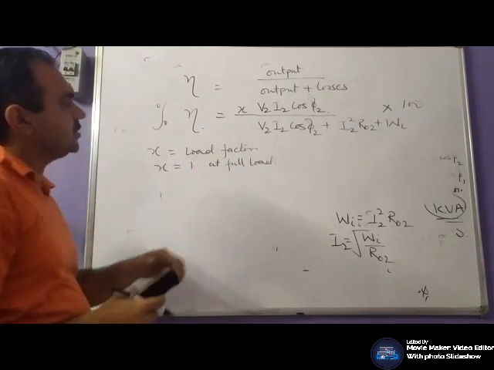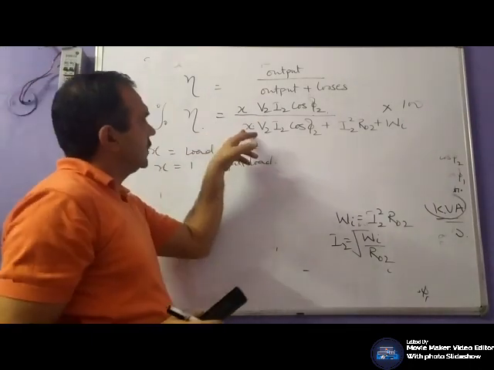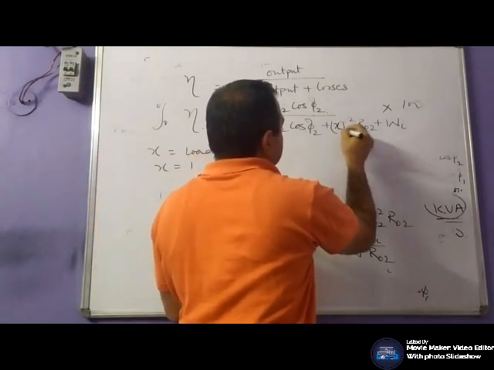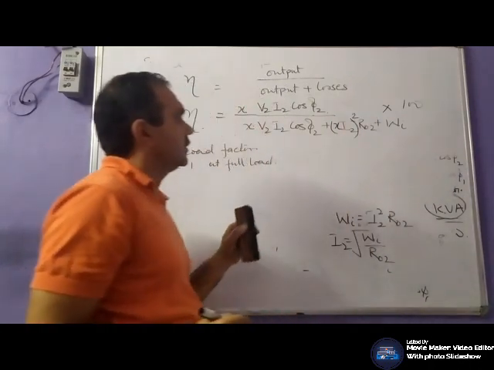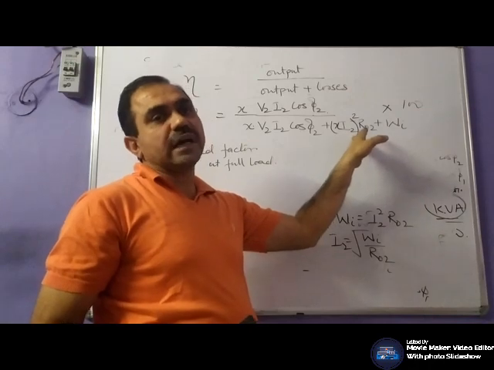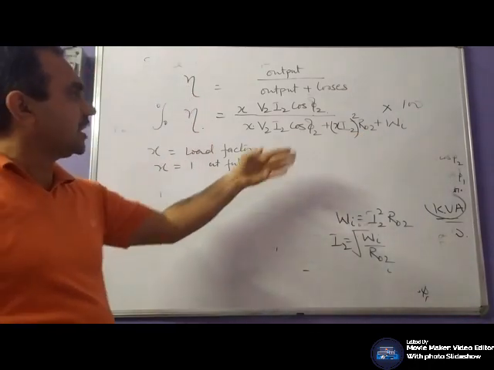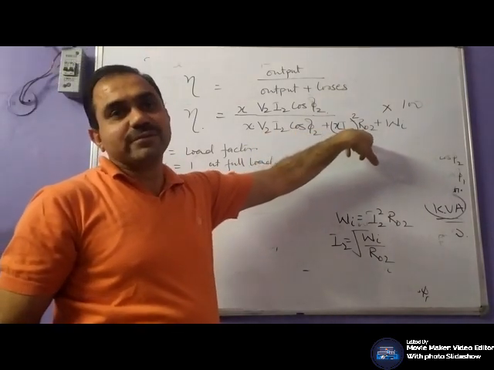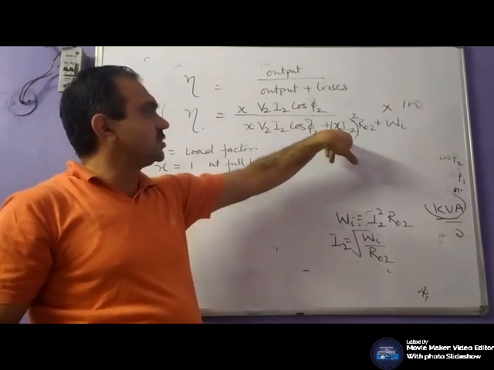For example, if the load factor is 0.5, this formula becomes X, because your copper losses are also dependent upon load. If your load becomes 0.5, meaning half, its losses become 1/4. If it is 0.75, accordingly the losses would change.